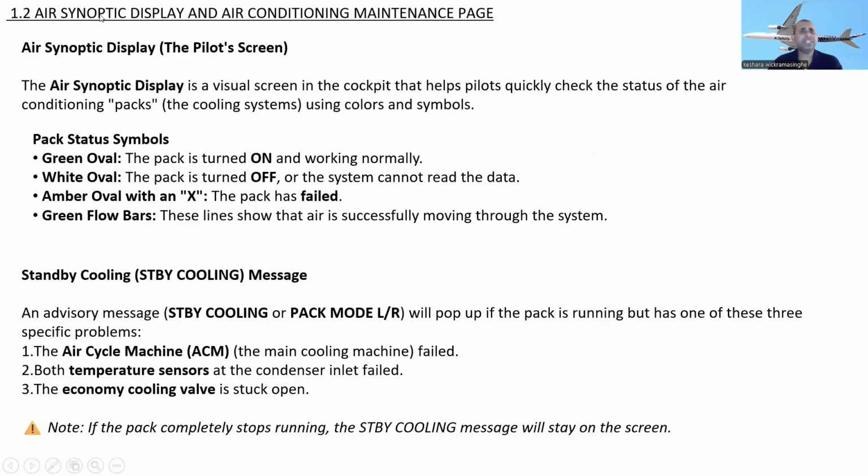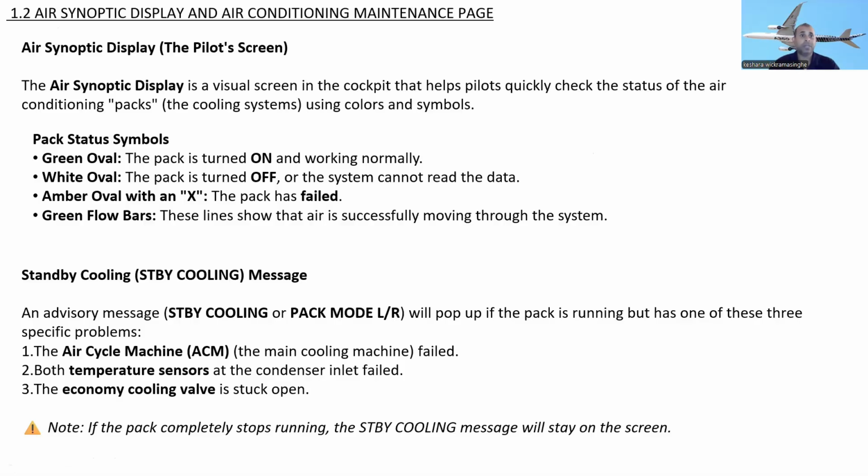So the air synoptic display is a visual screen in the cockpit that helps pilots quickly check the status of the air conditioning packs, the cooling system, using colors and symbols. These have several colors.